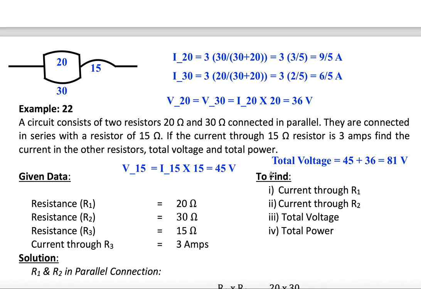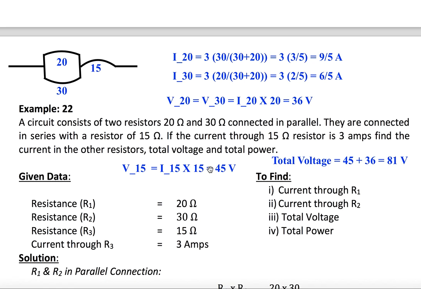What else do you want? Total power. Total voltage into total current will give you total power, right? So there are two different ways. Find the power consumed in each resistor, P1, P2, P3; P1 plus P2 plus P3 also gives you the total power. Otherwise, simply total voltage into total current.